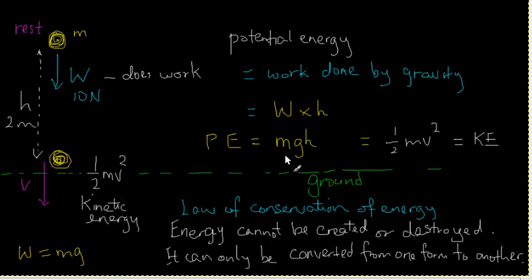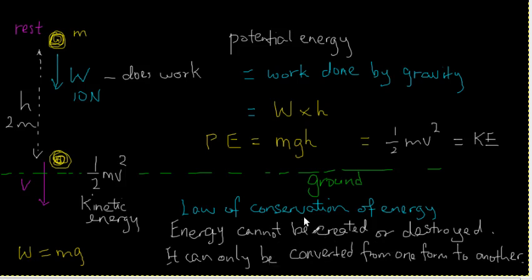But the idea is that what we have seen here is that the potential energy can be converted into kinetic energy, and in this example, when the ball falls, the potential energy will disappear because h drops to 0. Although this potential energy disappears, it doesn't mean that this energy is destroyed, that it is gone or vanished. It just means that it's converted from this form, this potential energy form, to another form. In this case, the kinetic energy form.